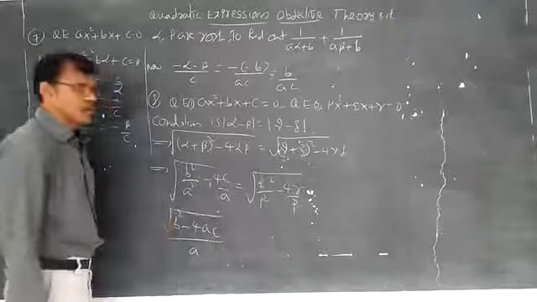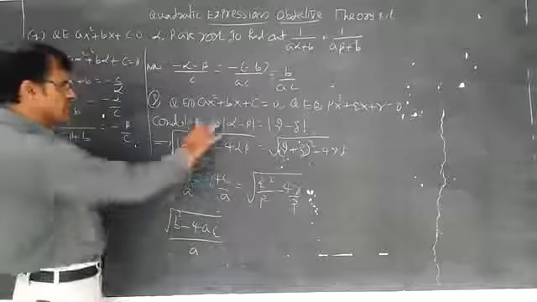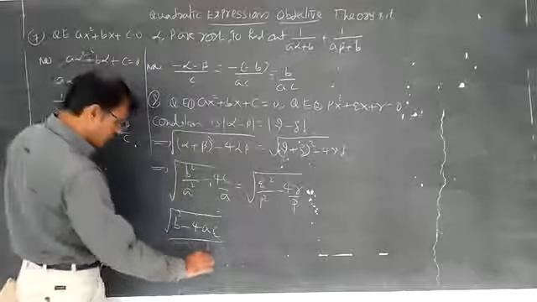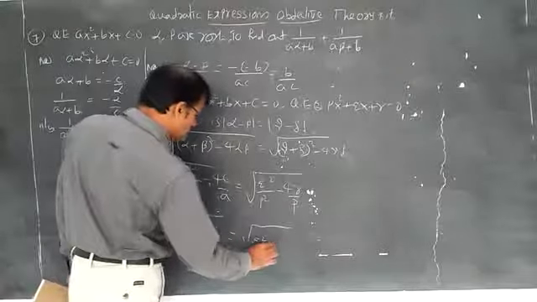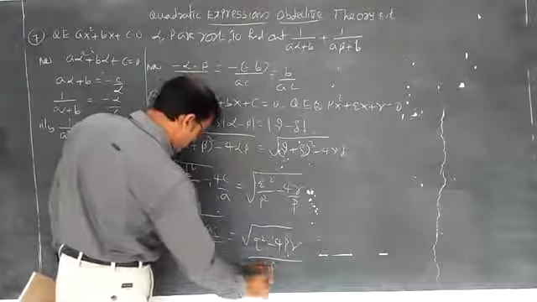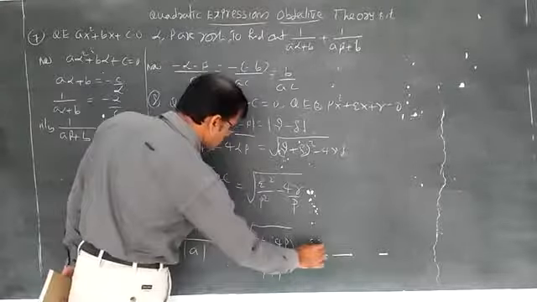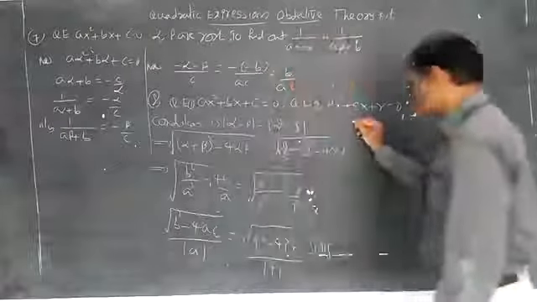This is the formula you should remember for modulus of alpha minus beta, and similarly q square minus 4pr by mod p for the other. Now to get our answer, square on both sides.